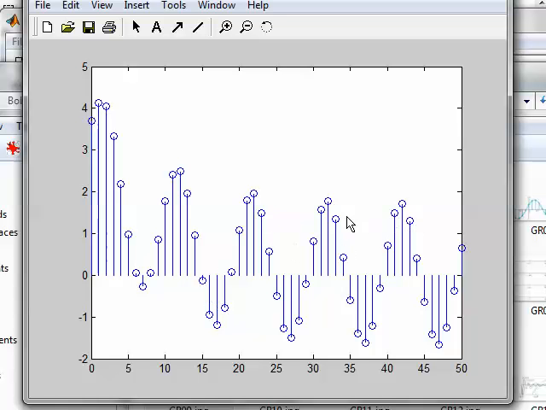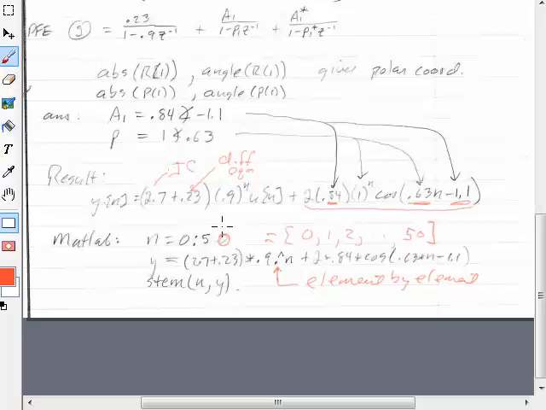So this is the steady state response, and we have a transient response that's added to the steady state response. Anyway, that's the end of this example. Hopefully you'll study this and be able to do a MATLAB example, which may occur in one of the homework problems.